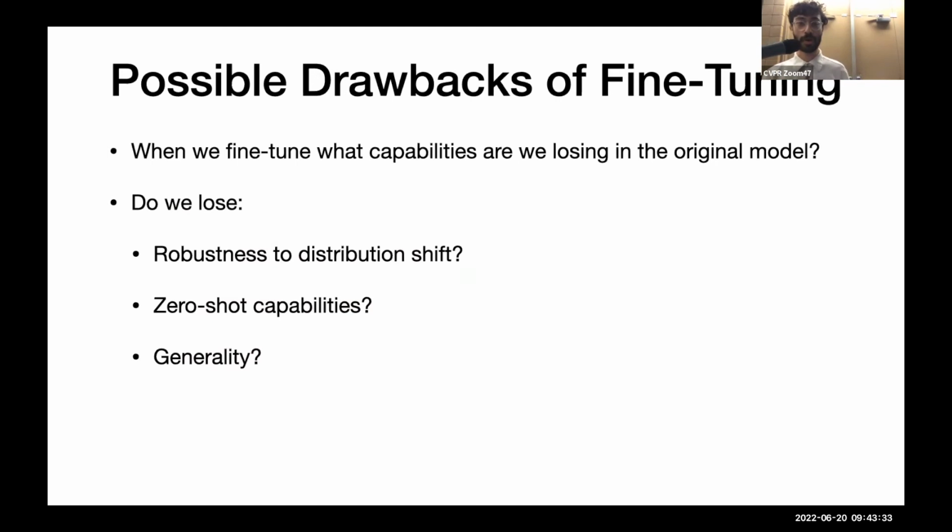Okay, as Andy and others alluded to, you have to do this training on top of CLIP. So I think it's important to think about what we're maybe losing by doing this. Here are some possibilities. For one, you could imagine losing a bit of robustness. These CLIP models are incredibly robust to a lot of distribution shifts.